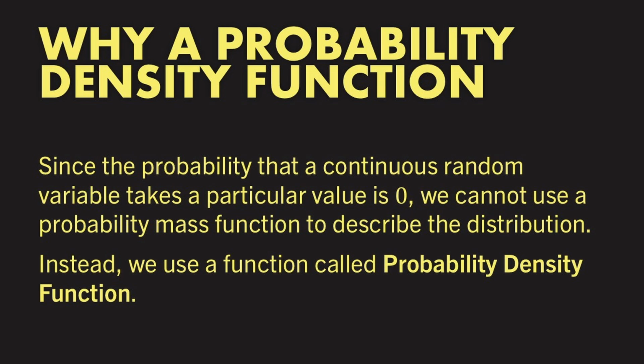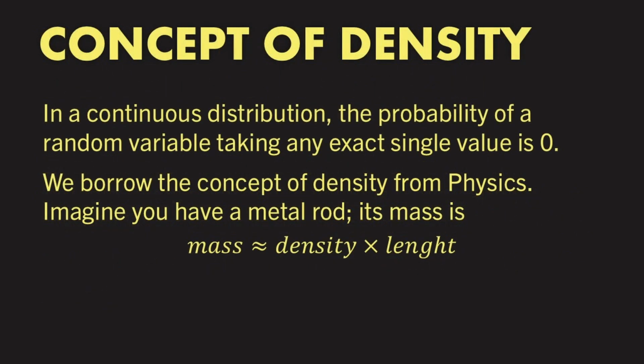So we are going to borrow from physics the concept of density. Imagine you have a metal rod and you want to calculate its mass. The mass of the rod is the density times its length. If you want the mass of a tiny sliver of that rod, of length dx, then its mass would be the density times dx.